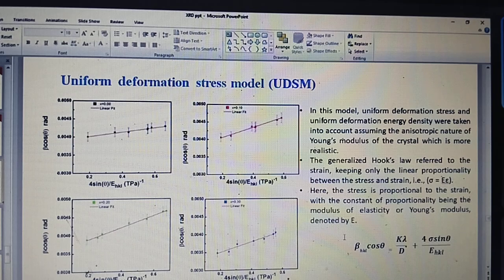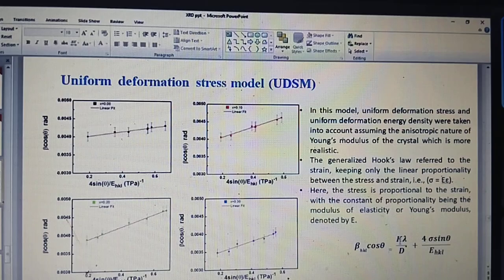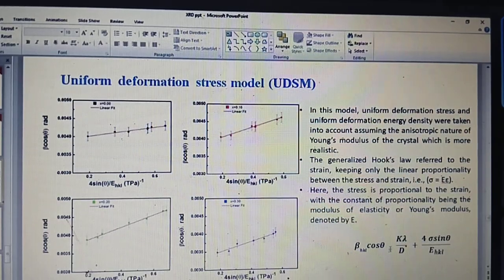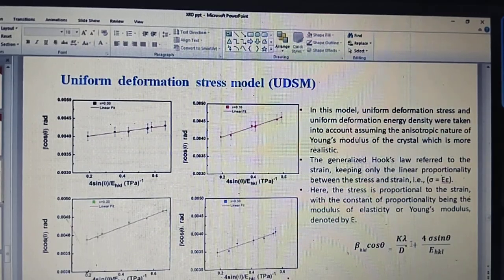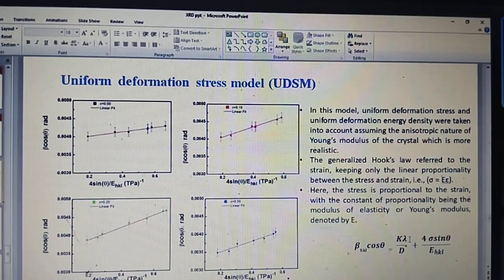Now you will get this type of plot. A straight line plot will again come, and the intercept will give you the crystallite size, and the slope will give you sigma. With the help of the slope, if the Young's modulus is known to you, you can find the value of sigma. So directly you can find the stress also. Strain you can find from the earlier relation, and stress from this very relation.